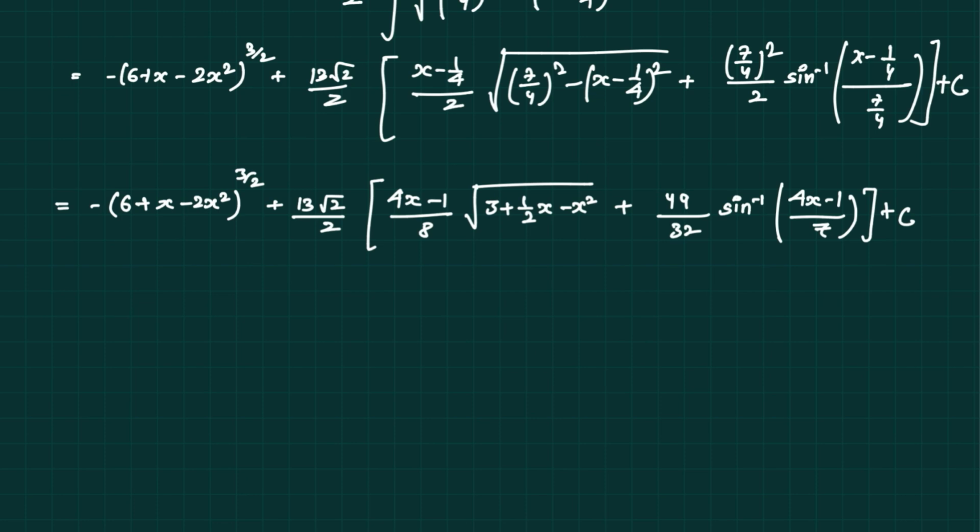Now if I open this bracket and multiply this square root of 2 with this expression, then we will get the original function. So let us open the bracket there.